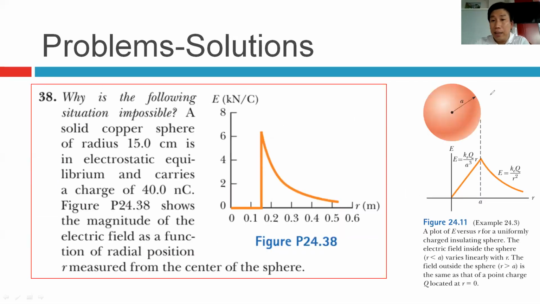To determine the electric field here, you need to choose the Gauss law. Okay, this is the Gauss surface, right? You choose a Gauss surface here, and remember that the charge is positive.